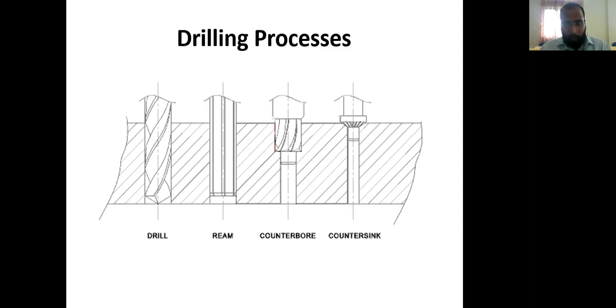You can see here at one end it is a normal cross section, and at the other end it is a larger cross section. The last one, countersinking, is making a conical shape at one end of the workpiece.